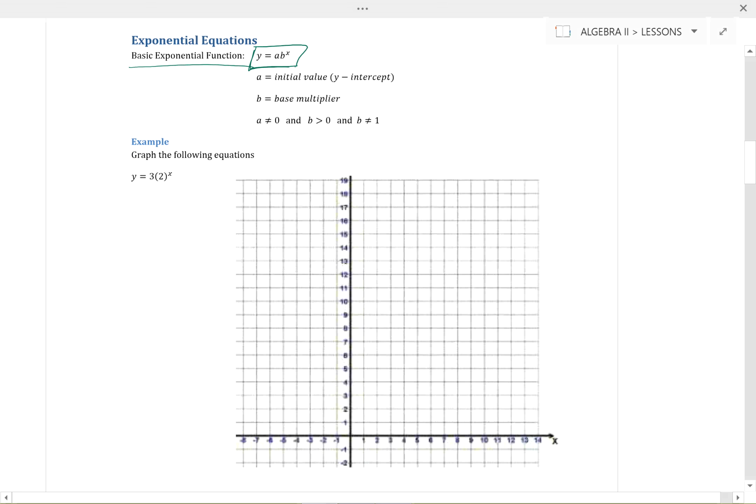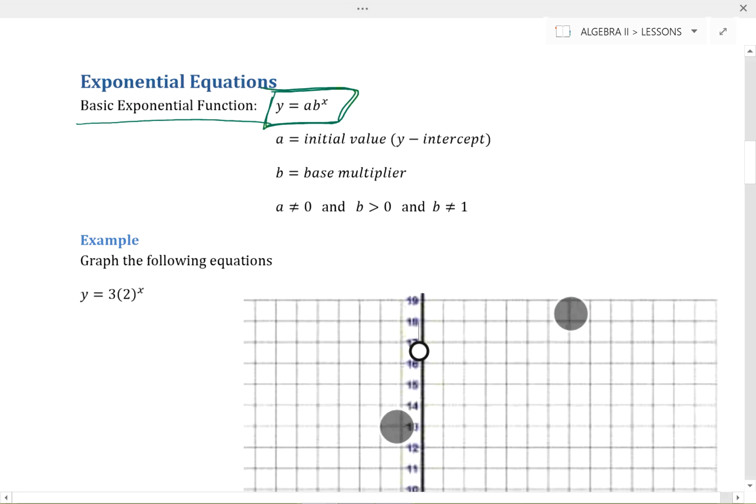So you'll notice in this basic exponential function here, we have y equals a times b to the x. A couple things to note about this. Number one, my independent variable x is an exponent. That's the piece that makes this type of equation unique from the other type we've looked at, namely linear equations, quadratic equations, polynomial equations.